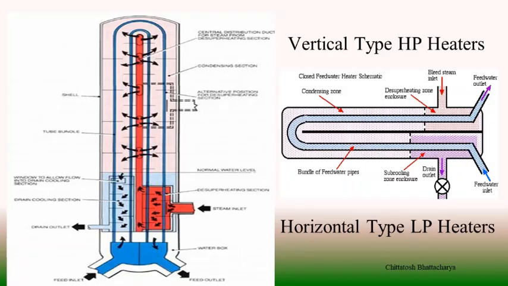The heating surface within the unit may be divided into 3 zones. They are the condensing zone, desuperheating zone, and drain cooling and subcooling zone. The performance of the feed water heaters can be analyzed by monitoring the terminal temperature difference and drain cooler approach temperature, the pressure drop of the feed water side, and the temperature rise across the heater.